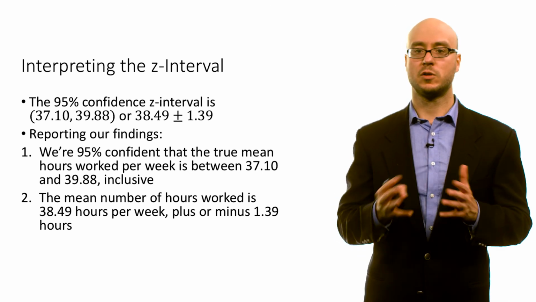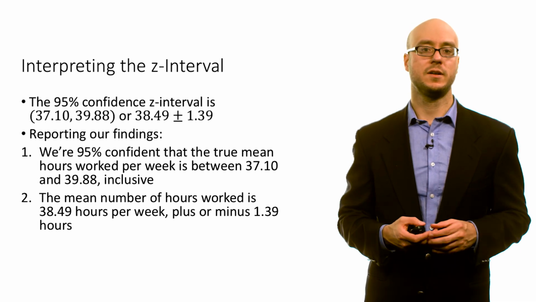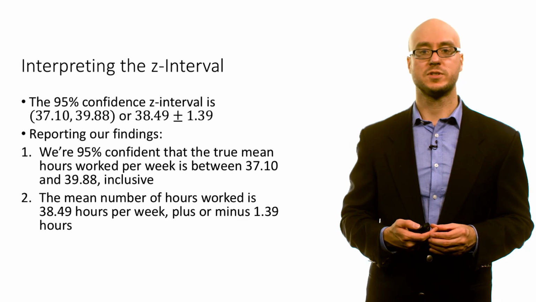Those are both equivalent, and you'll encounter both of these ways of stating your results when using a z-interval. And with that, we will look at a few examples of working with z-intervals and point estimates based on this standard normal distribution model.